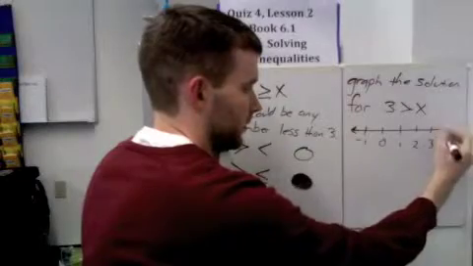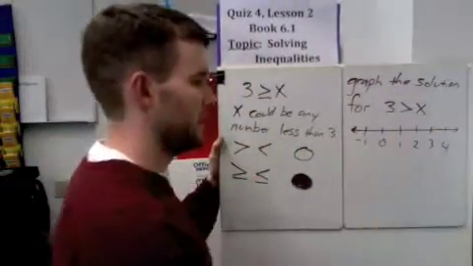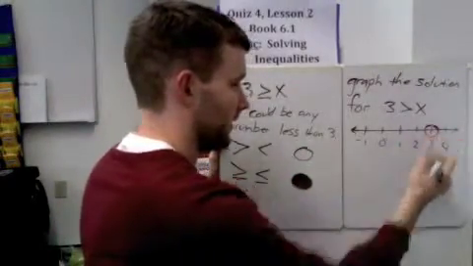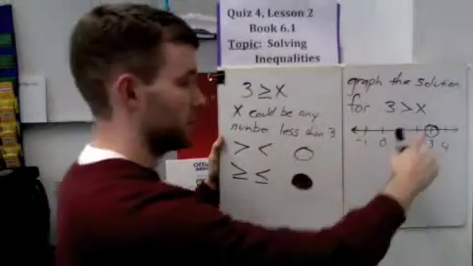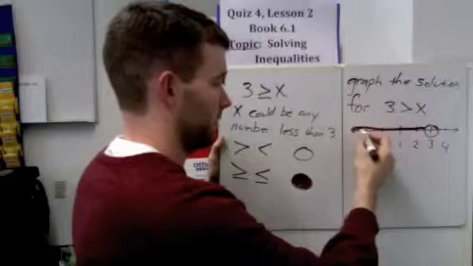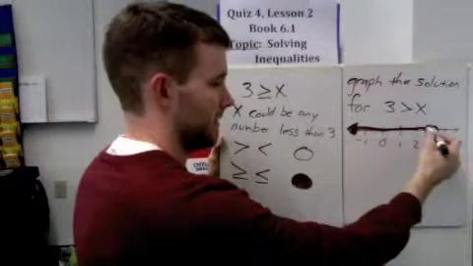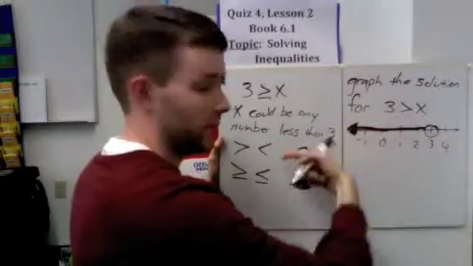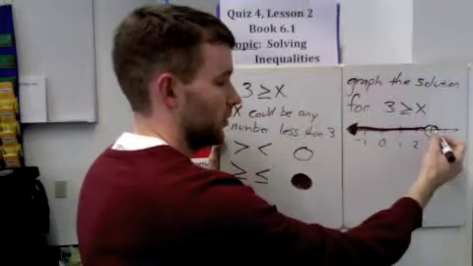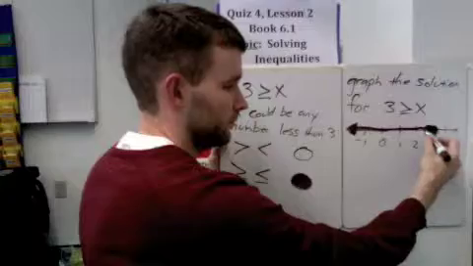Maybe we'll extend this a little bit and put in a 4. Okay, so x has to be any number smaller than 3. I would put a circle around 3 like that, which means that we're not including 3 as a possible solution. But then I would shade or draw a thicker arrow this way, and that arrow says that x should be anything in that direction of 3. Now, if I added this line right here, then x could also be equal to 3, and so I would show that by shading in that circle. Okay?